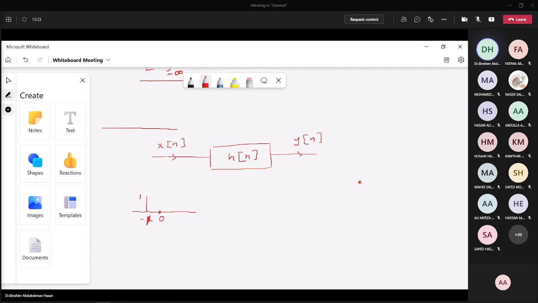So at 0 equal to 0, at 1 equal to 2, and the rest equal to 0, for example.